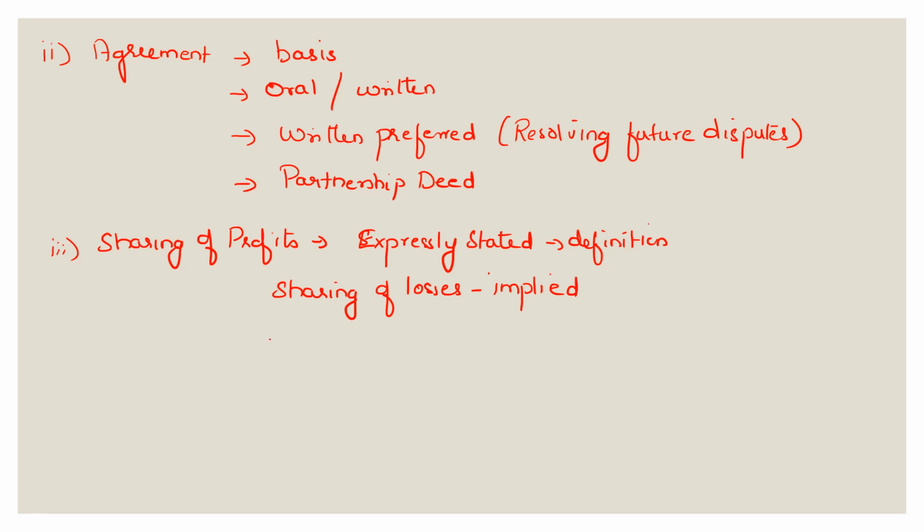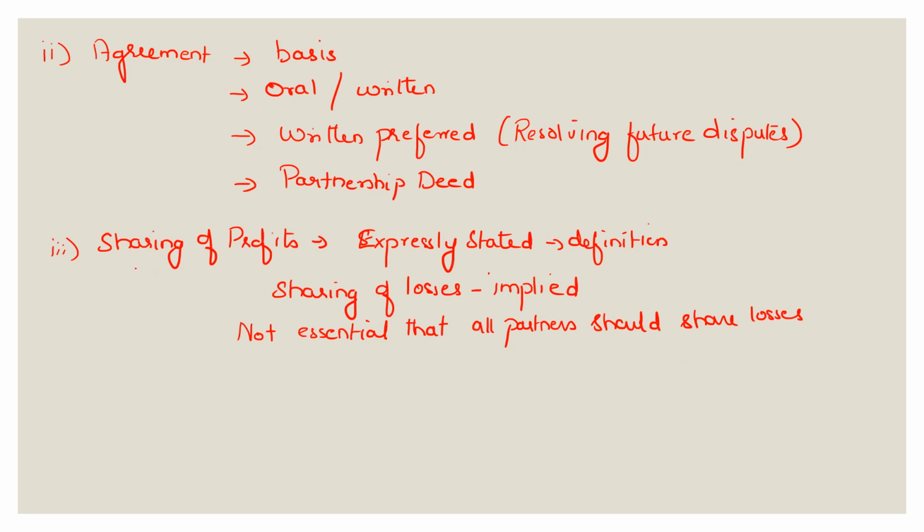And further, with relation to sharing of profit, you have to remember this important point that it is not essential that all partners should share losses. The example I gave you was that of a minor partner, or as they have mutually agreed.